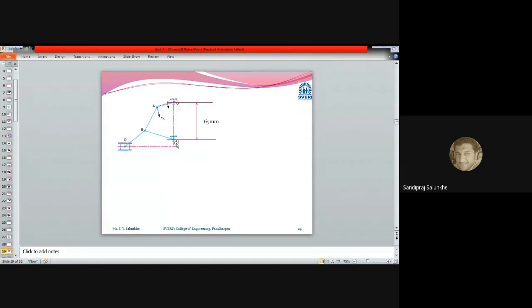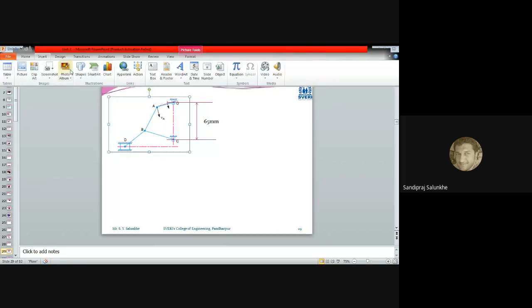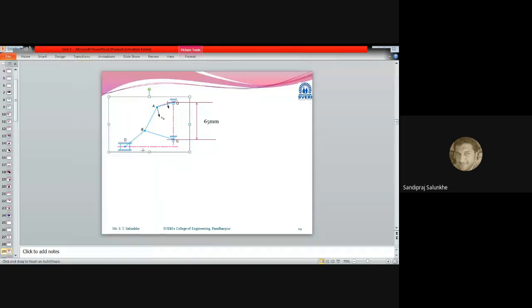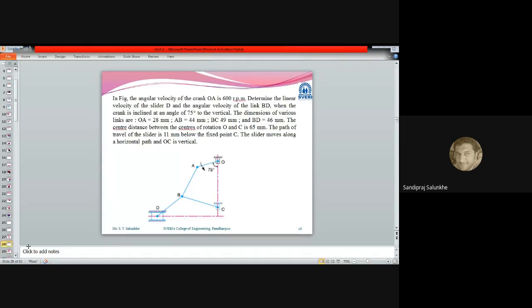Now, the remaining thing is that you have to draw one horizontal line, as this line has been drawn. This horizontal line should be the path of travel of the slider, which is 11 millimeter below the fixed point.